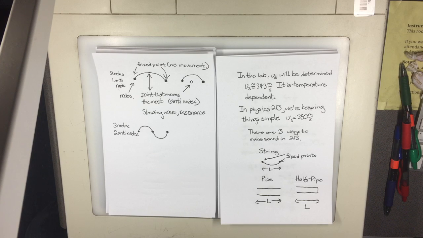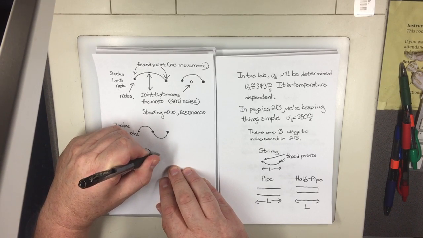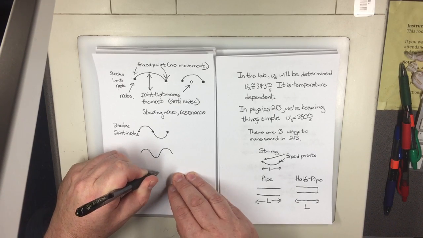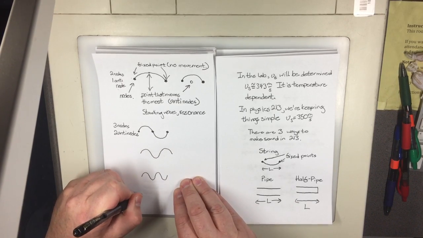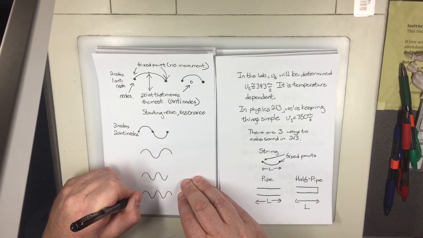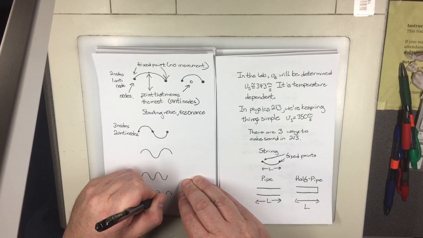And what you find out is there are many types of resonances. There is this. There's that. And then there's that. And so on. But really all we're going to do is study the first 5.